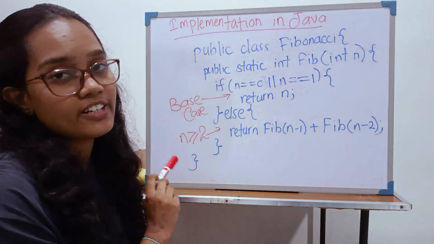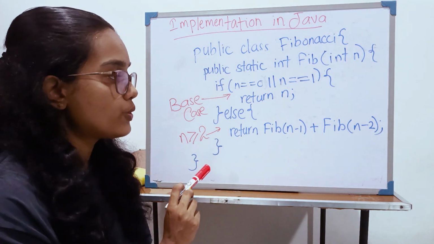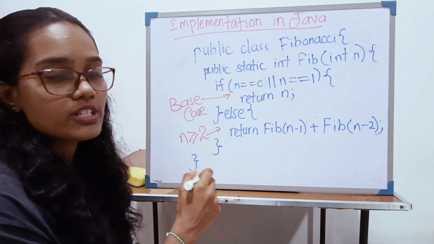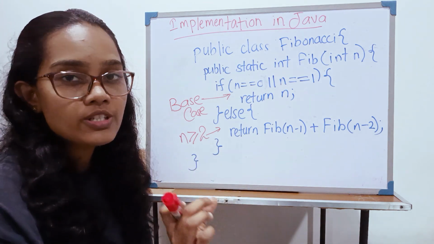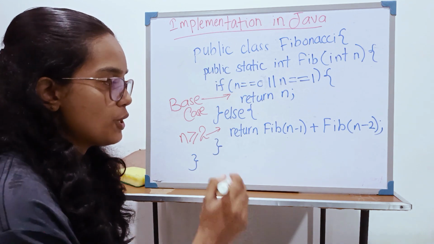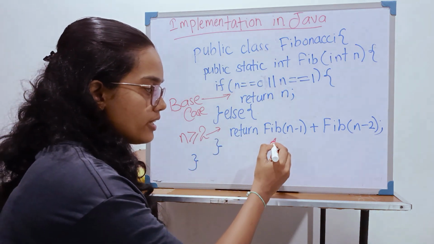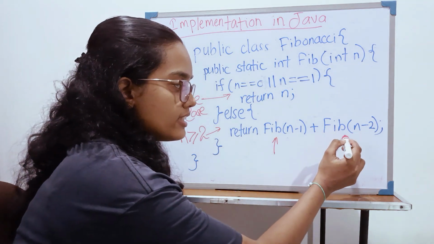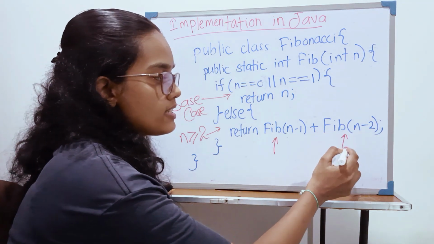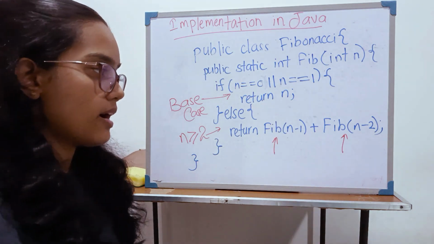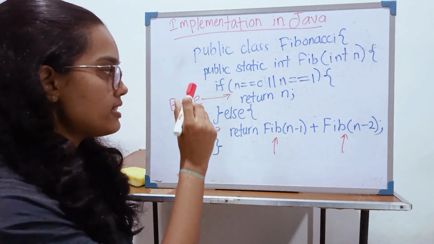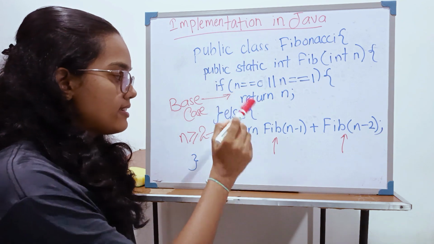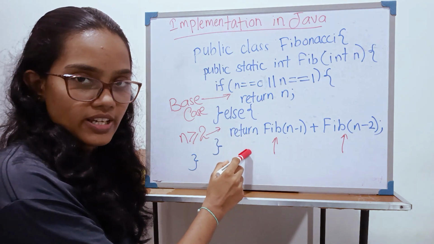If n is greater than or equal to 2, it breaks this problem down into two smaller sub-problems, which are computing fib(n-1), and computing fib(n-2). So this is our base case and this is our recursive case.